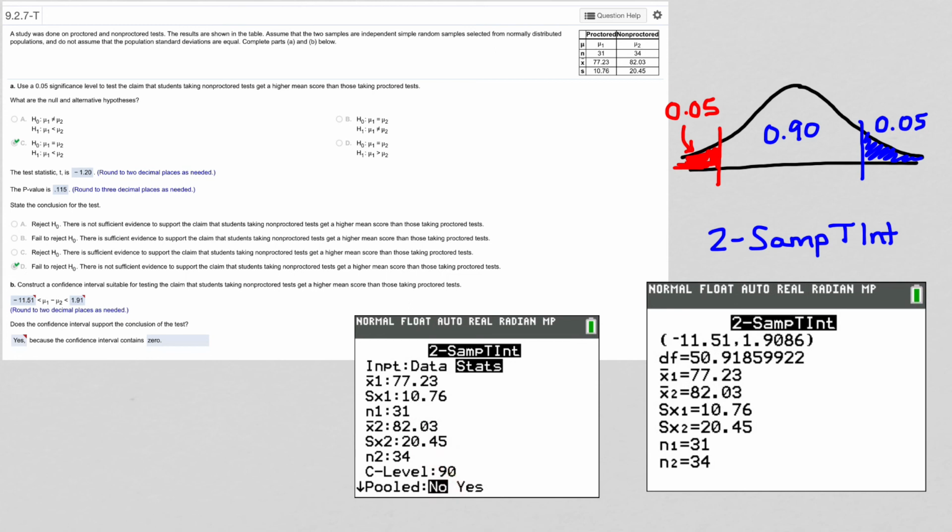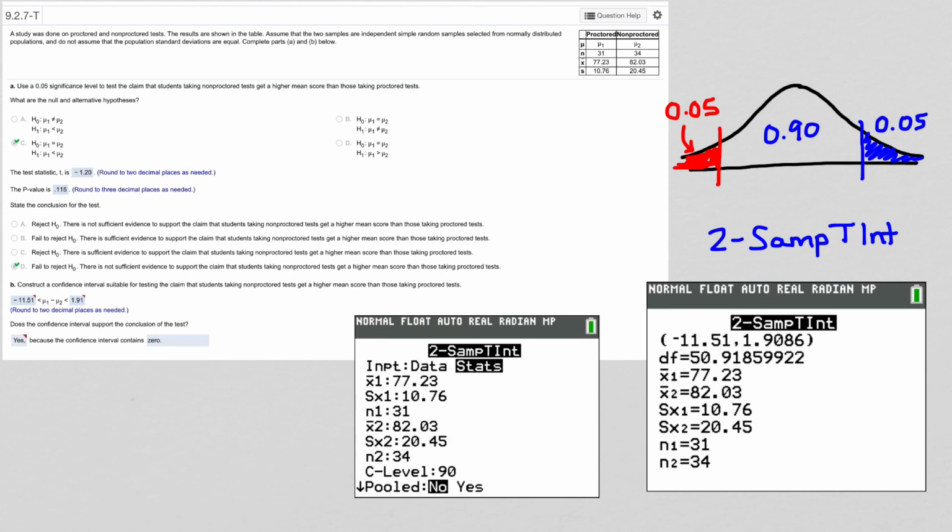Still saying no for pooled. And then we hit calculate at the bottom, and these are the results. And so here's the confidence interval, goes from negative 11.51 to 1.9086 or 1.91 rounded to 2 decimal places.